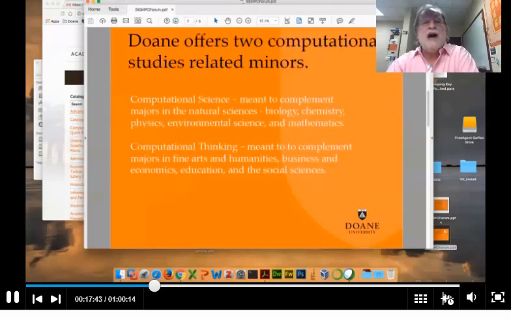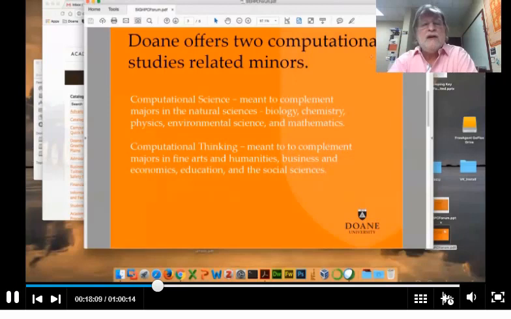The timeline for our program, let me just explain. We offer two computational studies related minors. We offer a computational science minor, which is really meant to complement our majors in the natural sciences, talking about biology, chemistry, physics, environmental science, mathematics, and we just added an engineering major as well.